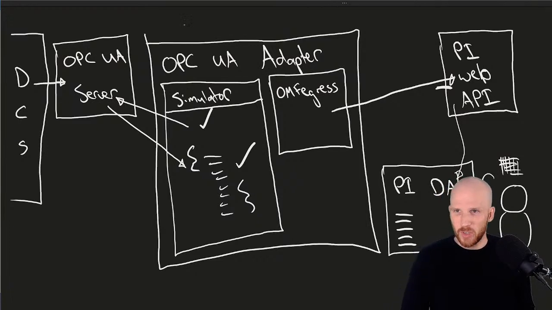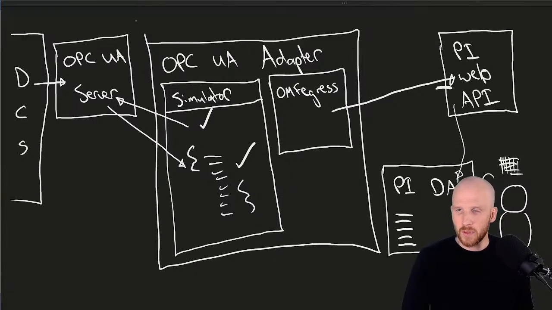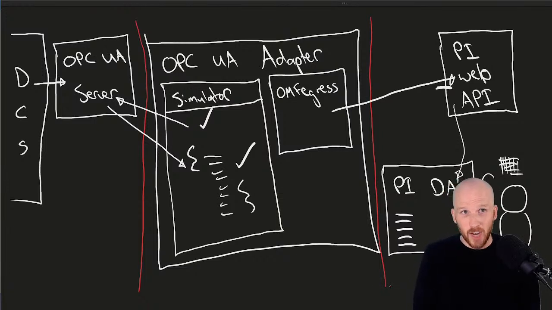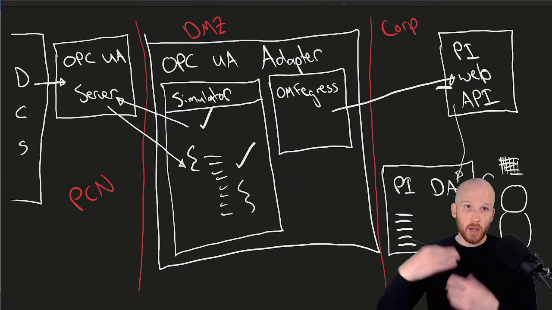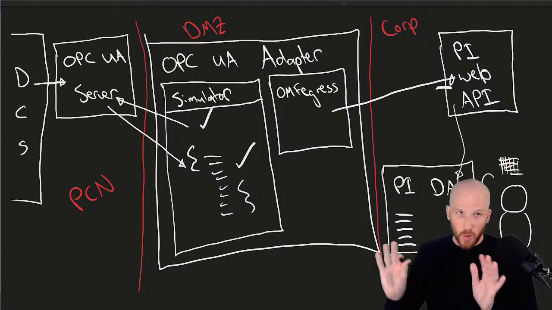Another thing to note here, I didn't really go over firewalls, but there's really the firewalls that I have here. You have your process control network over here. You have a demilitarized zone here, and you have your corporate network here. Nice and simple. What's also really nice is that the OPC UA adapter and the server are not required to be on a domain at all.